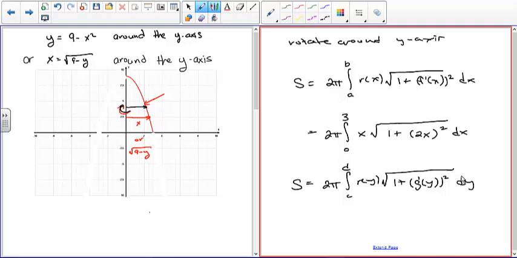So the radius is in terms of y, and the function has to be a function of y. So g of y is this thing. We're just calling it g because we used f for the other one. So this would be equal to g of y, same as the previous problem.